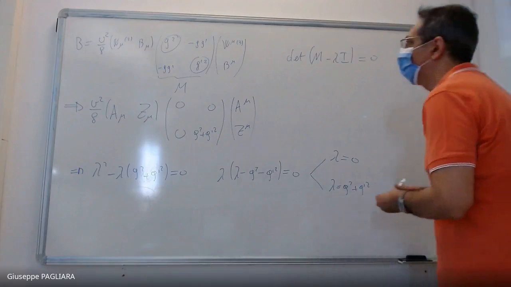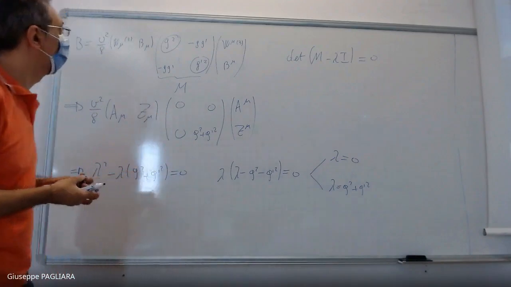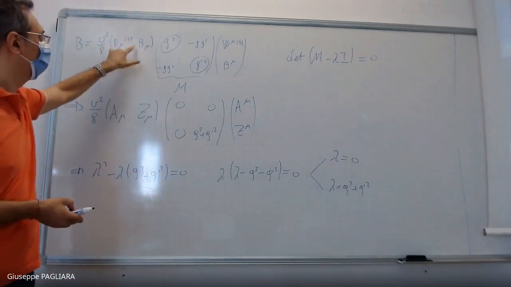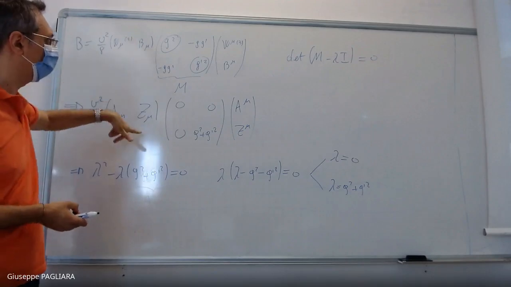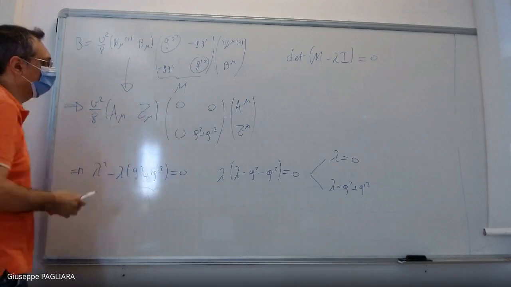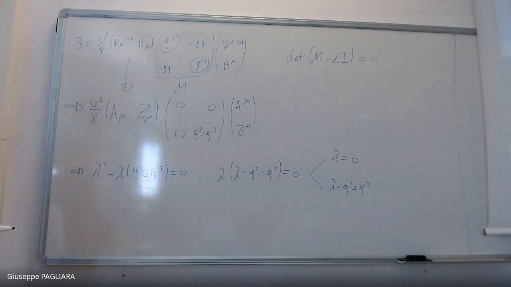In the non-diagonal basis, we have the physical basis where the W3 and B are mixed. Now that we diagonalize, we have to redefine our eigenstates, let me call them A_mu and Z_mu.